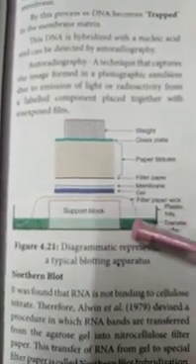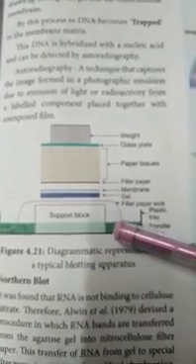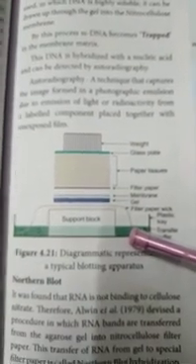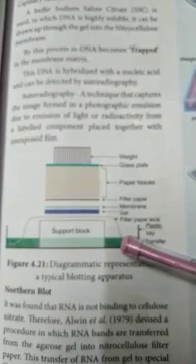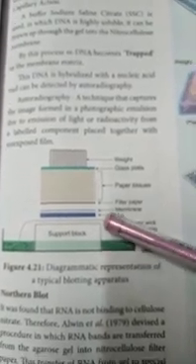Here, first we separate the DNA molecules by the method of agarose gel electrophoresis. I already taught this process. In agarose gel electrophoresis, we first cleave the DNA with the help of restriction enzymes and get the double-stranded DNA molecules. The DNA molecule is highly soluble in the buffer solution, and in this buffer solution we use the filter paper.